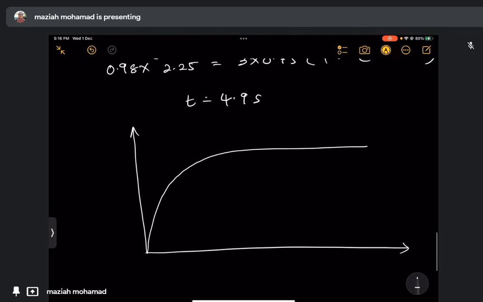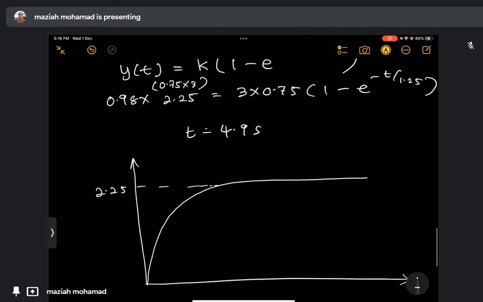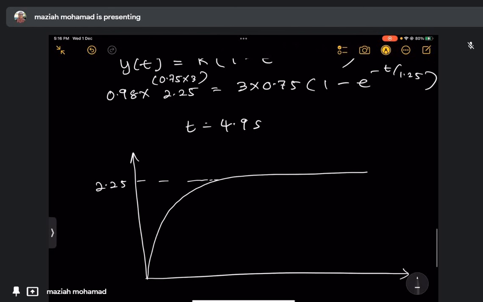Final value is 2.25. Okay. And then apply with 2.25, 1.422, 1.25.